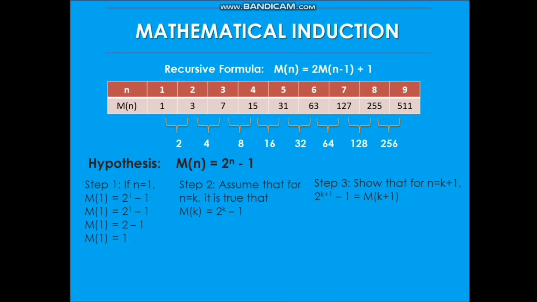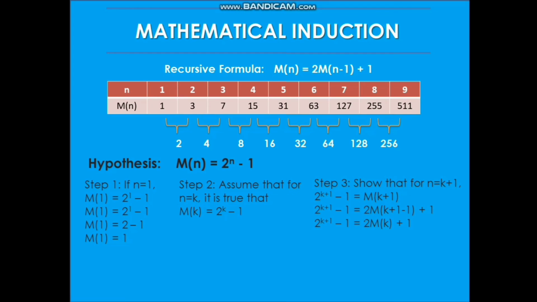So, imamanipulate lang natin yung m of k plus 1 natin. So, papalitan lang natin yung n sa recursive formula ng k plus 1. Kaya yung m of k plus 1 natin is naging 2 times m of k plus 1 minus 1, plus 1. Then, mawawala si 1 minus 1. Matitira na lang yung 2 times m of k, plus 1.